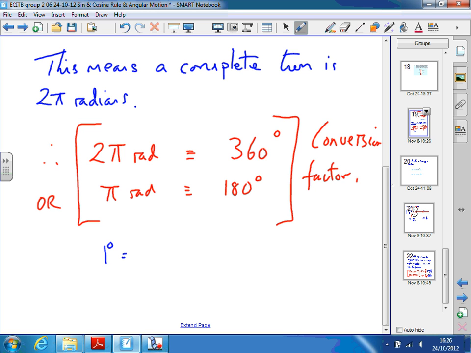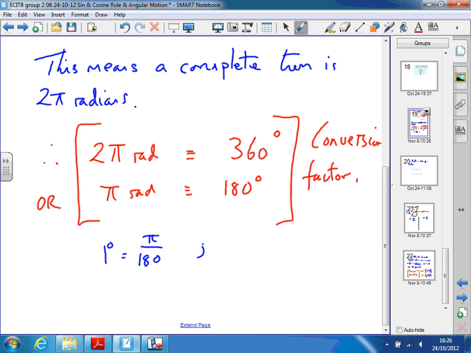It will be pi divided by 180. So 1 degree is pi over 180. And now that we know what 1 degree is, I could work out what 2 degrees is, 5 degrees, any angle. I just multiply the angle in degrees by pi over 180, and I'll have it in radians.